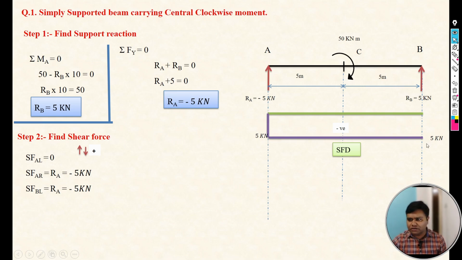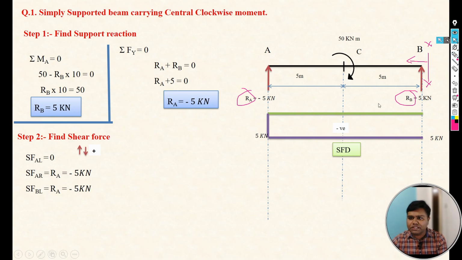Now again we have to take the section on the right of that B point, and focus on the left. Here we can see two forces are there, that is Ra and Rb. Ra is upward and Rb is also upward.